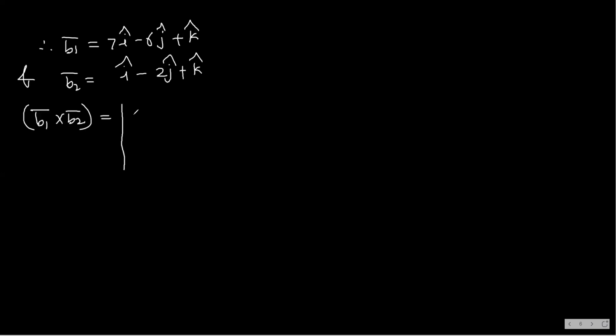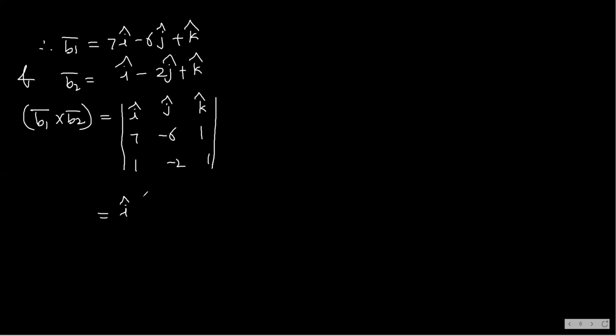So b1 bar cross b2 bar will be i cap, j cap, k cap, and here I have 7, minus 6, 1. b2 bar is 1, minus 2, 1. Now I will find it out.